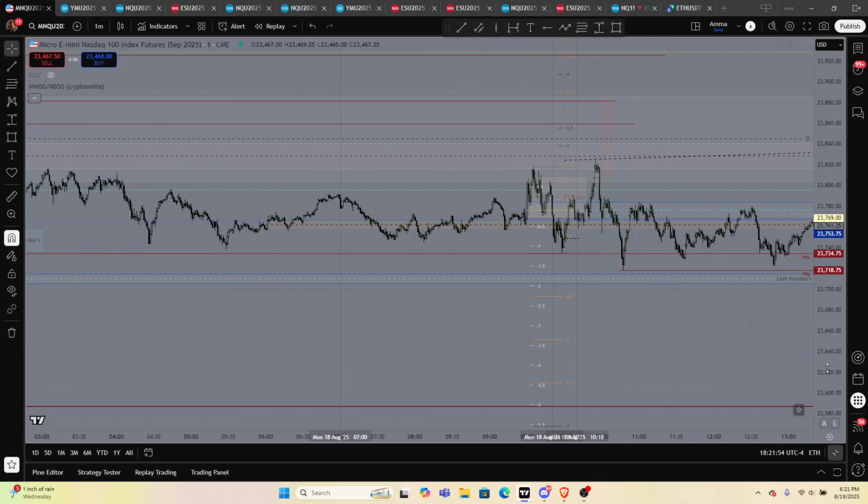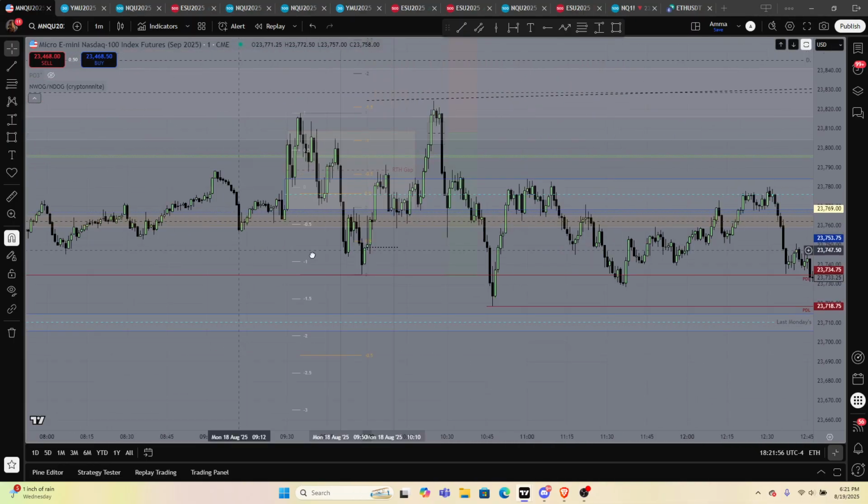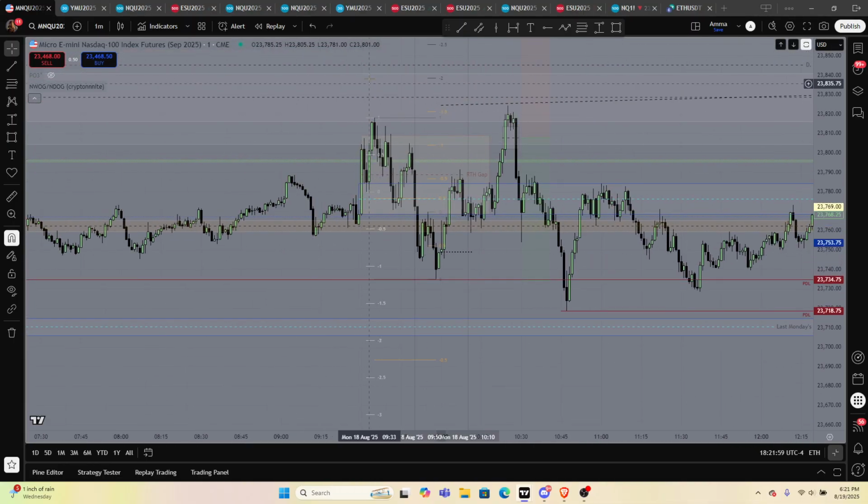So what ended up happening was we pulled up into the hourly BPR. Equities opens, runs up into it. And then as soon as we break into the first presented, I go short, stop above the propulsion block right here. One more swing up. My stop loss is saved, and then we roll over. Okay, that's good. We're below first presented.